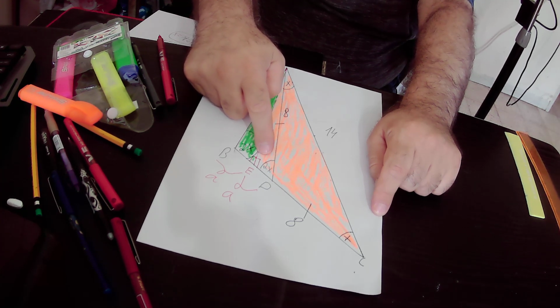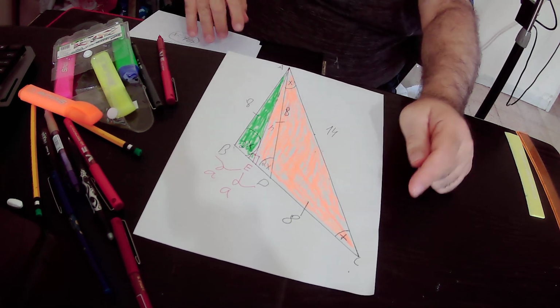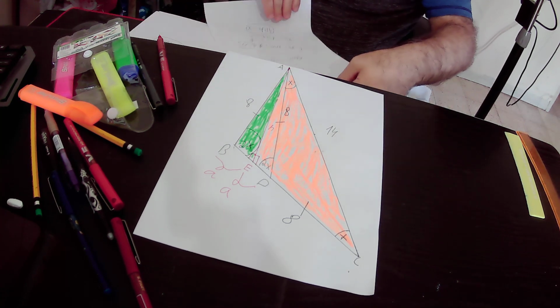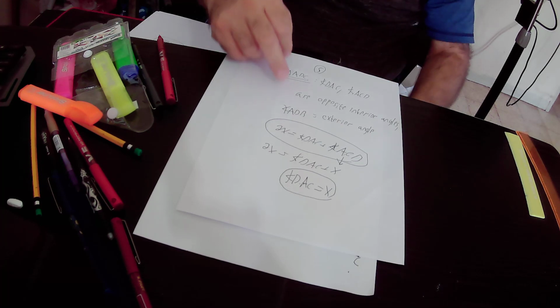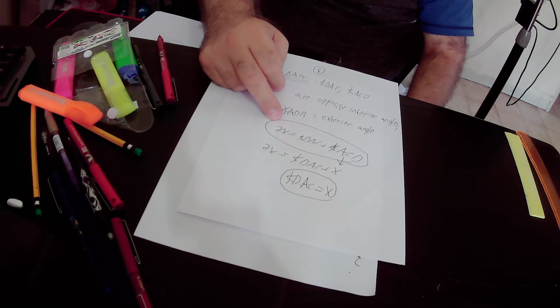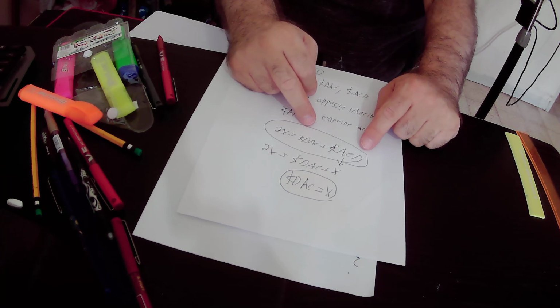So this exterior angle that equals 2x equals the sum of those 2 angles. According to rule number 2, the exterior angle that equals 2x will be equal to the sum of the 2 opposite interior angles.